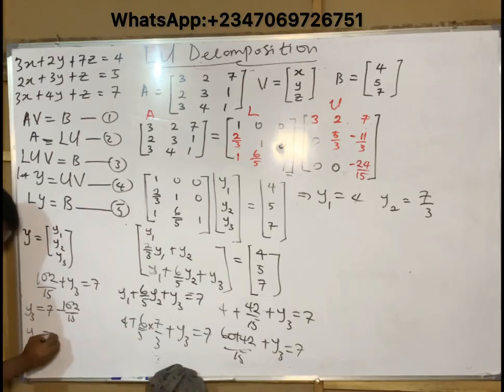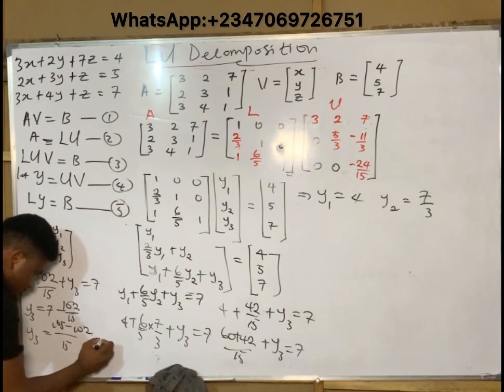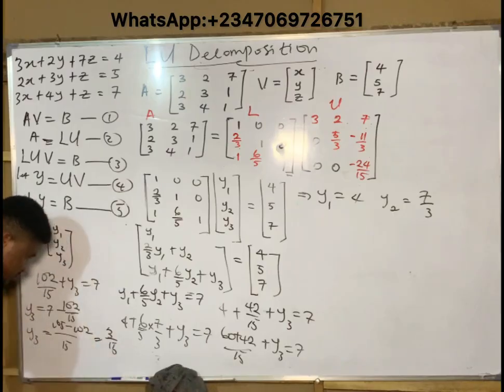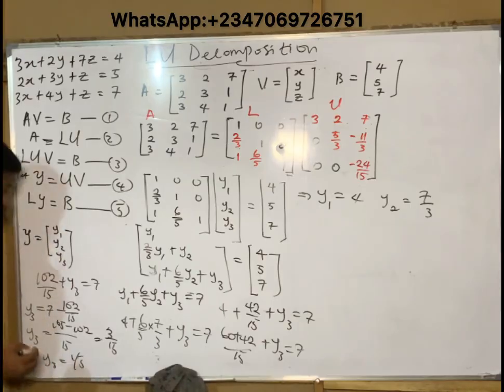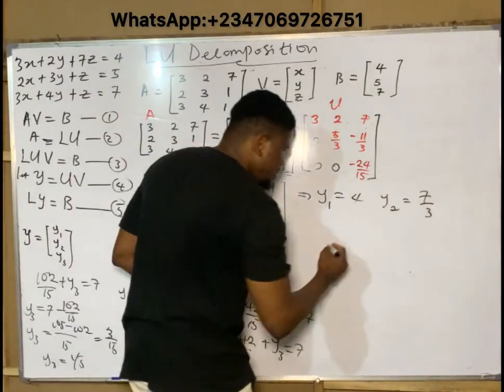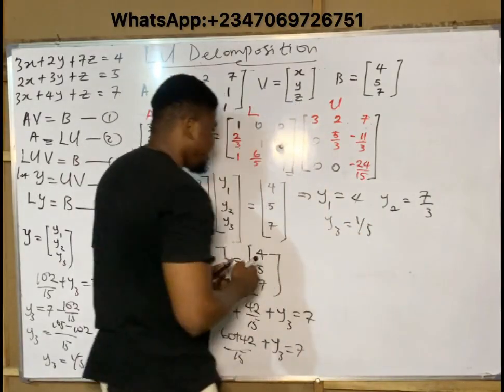The LCM is 15. 15 times 7 gives us 105, minus 102, which is 3 over 15. And 3 can go, which gives us 1 over 5. So y3 equals 1 over 5.